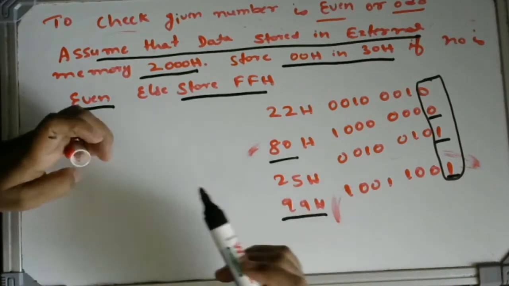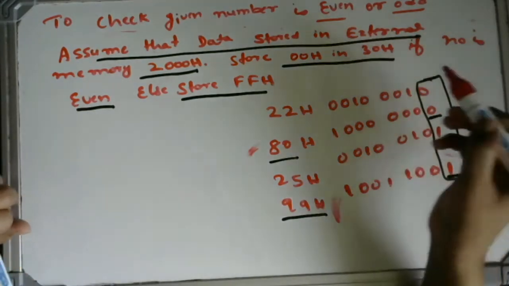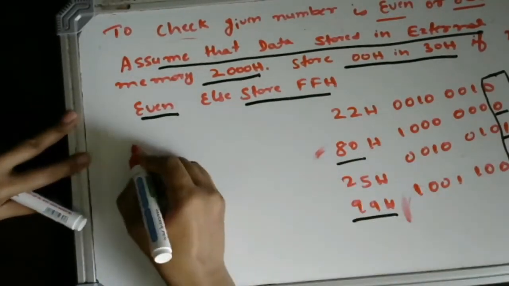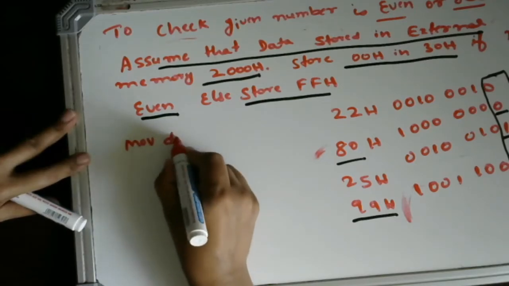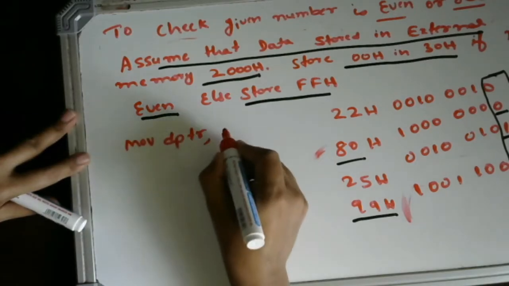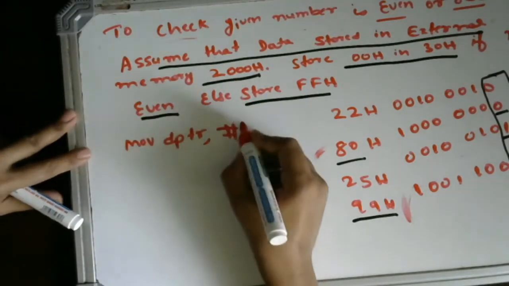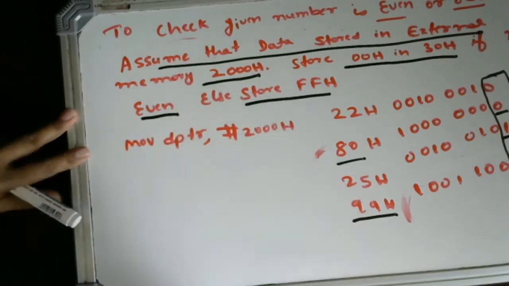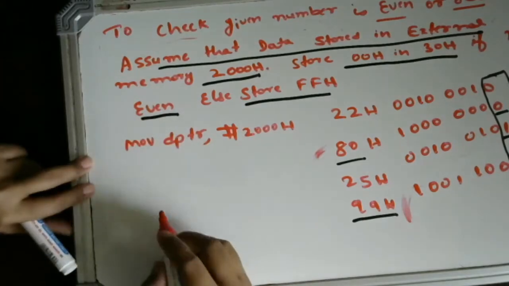First we need to initialize the DPTR because we are accessing data from an external memory location. So the first instruction is MOV DPTR, #2000H, the address where the data is stored. Now we will access the data from 2000H.